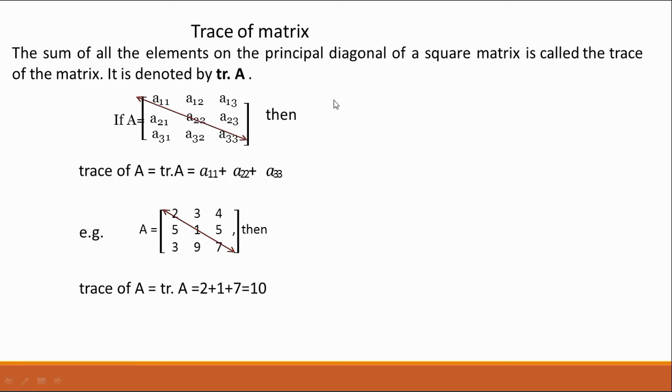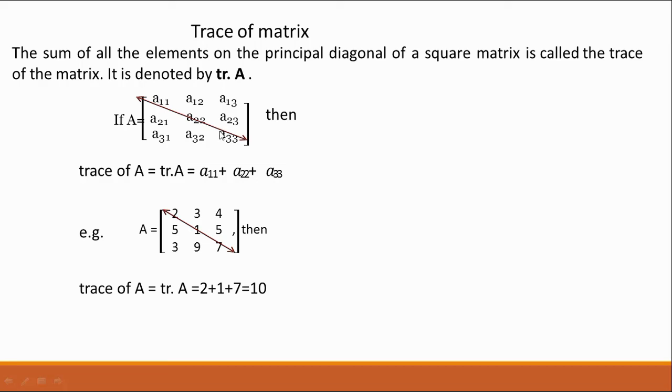Now, what is the trace of a matrix? The sum of all the elements on the principal diagonal of a square matrix is called the trace of the matrix. This means that if we add the elements of the principal diagonal, then we get the trace of the matrix. For example, in this matrix, A11, A22, A33 lie on the principal diagonal.